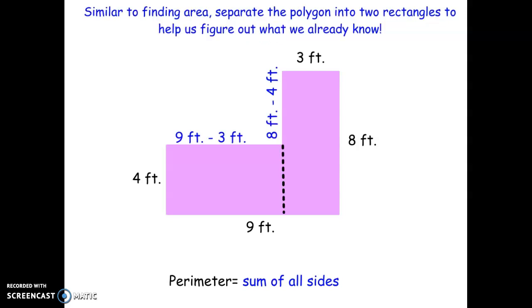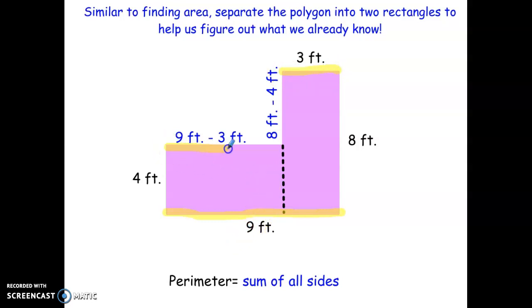So, similar to finding area, we want to separate the polygon into two rectangles to help us figure out what we already know. We drew our imaginary line right here, so we have two separate rectangles. Well, we know that this long side here measures 9 feet, and this smaller side here is 3 feet.